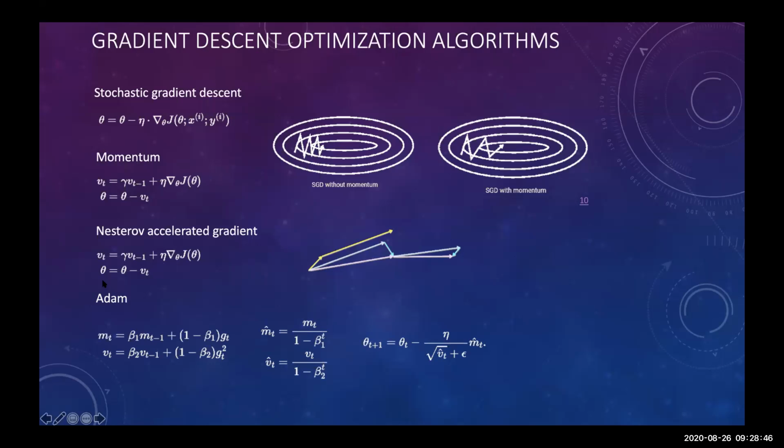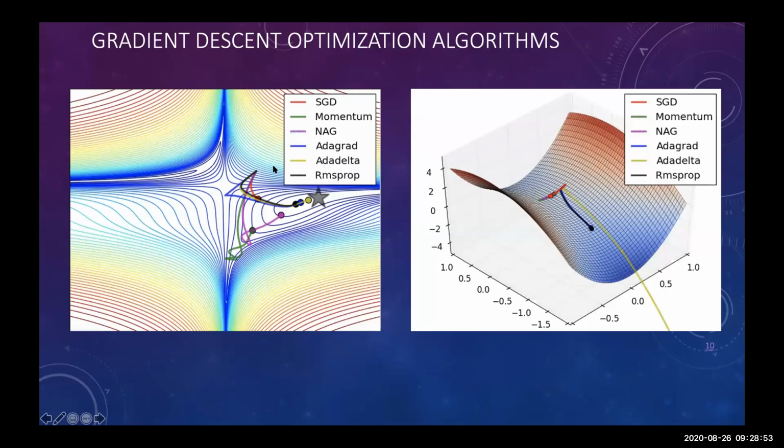Adam is really popular these days, but there are a lot of different optimization algorithms, and you can see how they learn differently, how some are more sensitive and others get to the optimum faster. Like Adadelta doesn't get to the best optimum faster, but it gets there really quick. And then there are other ones like RMSprop that isn't too sensitive and doesn't get stuck in these local optima as much.